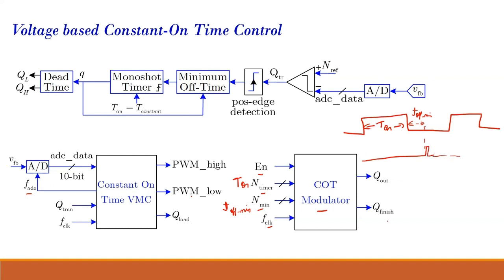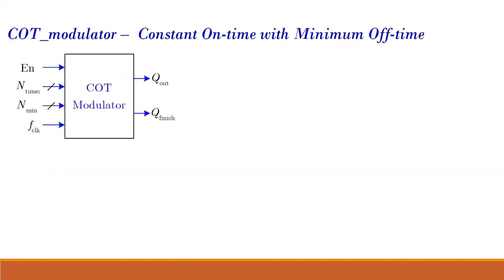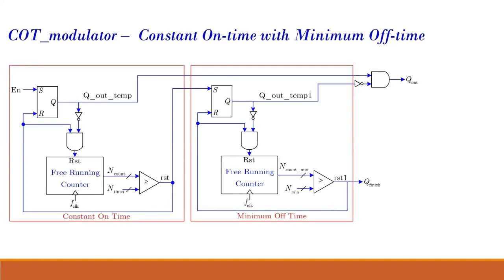Q finish is like a flag that signifies that now it can accept other enable signals which can trigger your constant on-time modulator. So this is the main implementation diagram for you to understand how we are implementing constant on time and minimum off time.